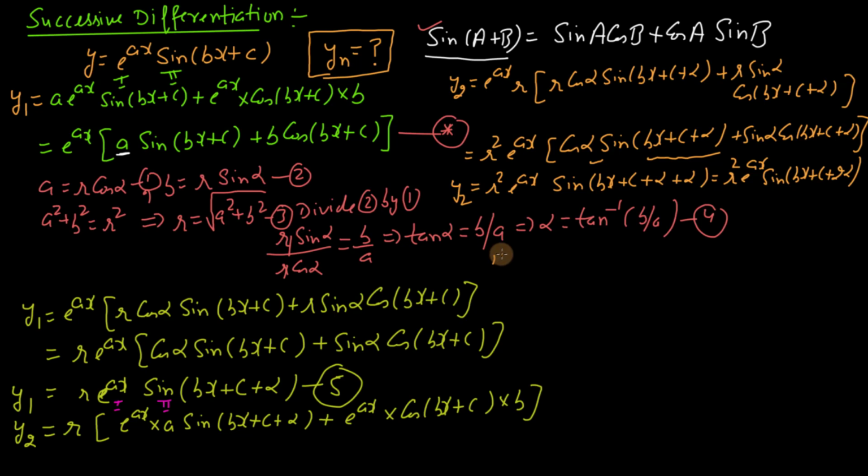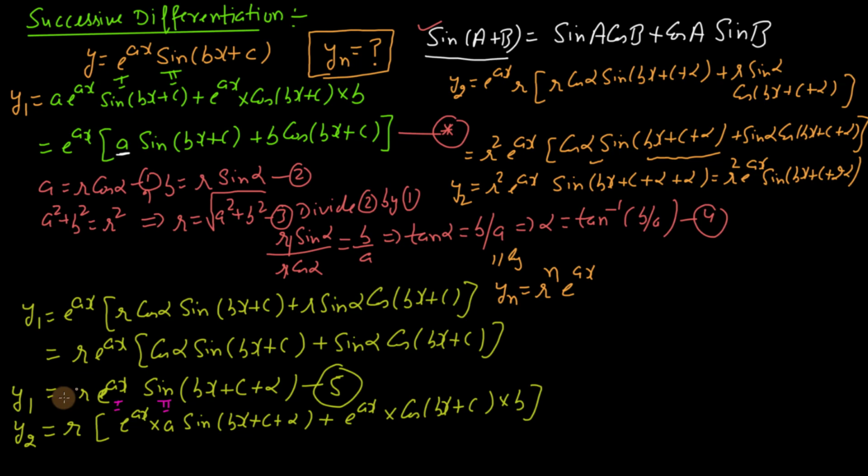Similarly, I am going to write the nth order derivative yn is equal to r raised to the power n. Fine. And e raised to the power ax is present here, also here, and also here. So in the nth order derivative it will also be present. When n is 2, it is bx plus c plus 2 alpha.